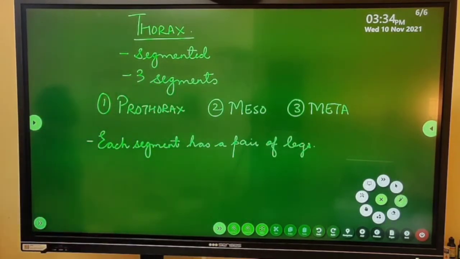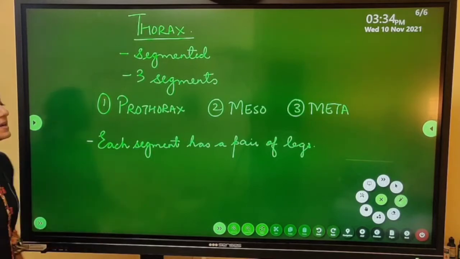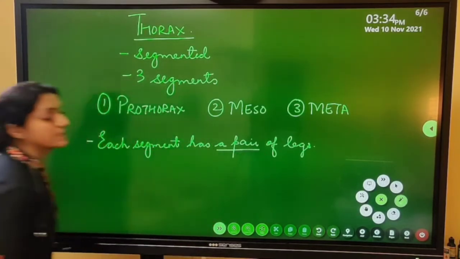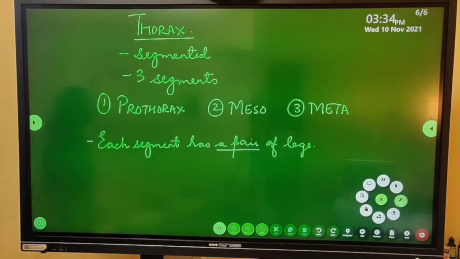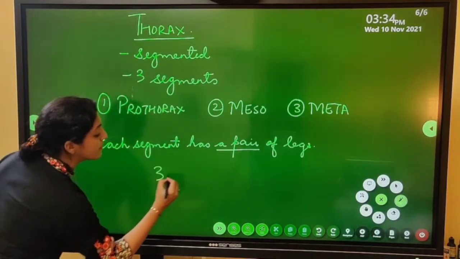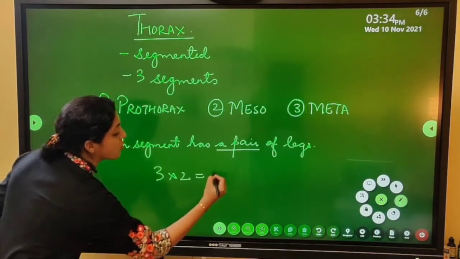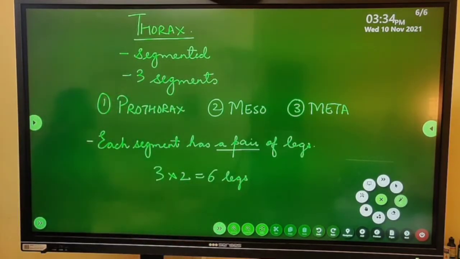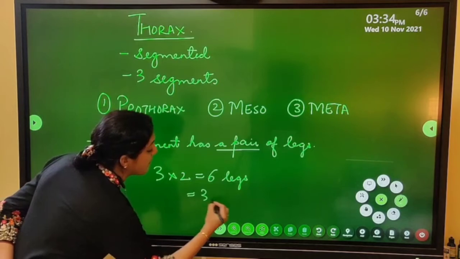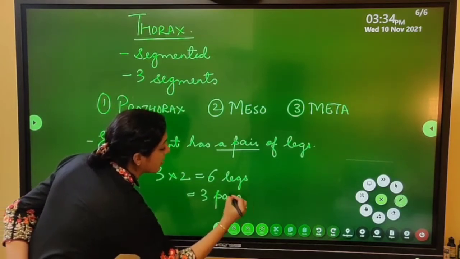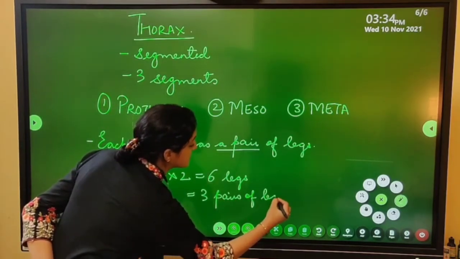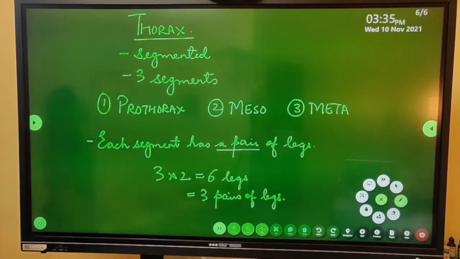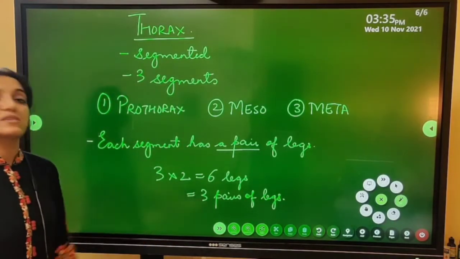So now MCQ. Each segment has a pair. Total how many legs will be there? 3 segments into pair. So total 6 legs. Total pairs कितने? Total 3 pairs of legs. Total 6 legs, total 3 pairs of legs.